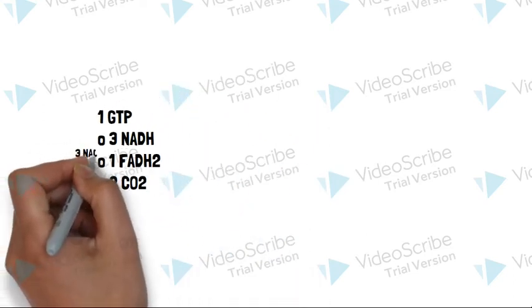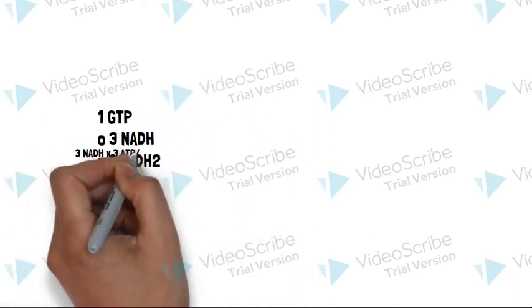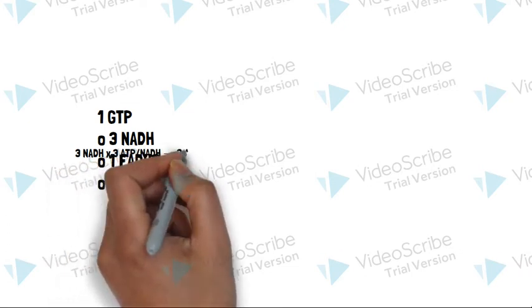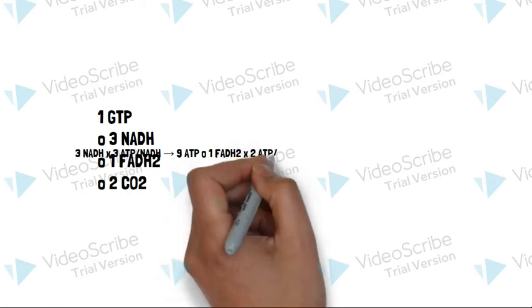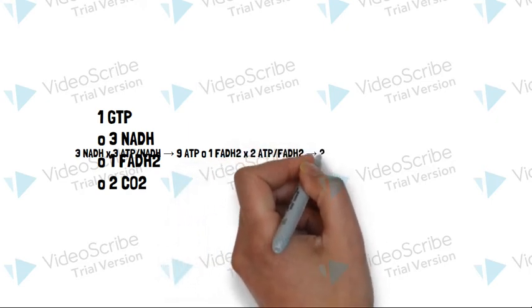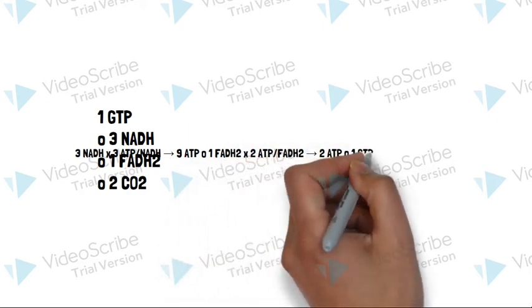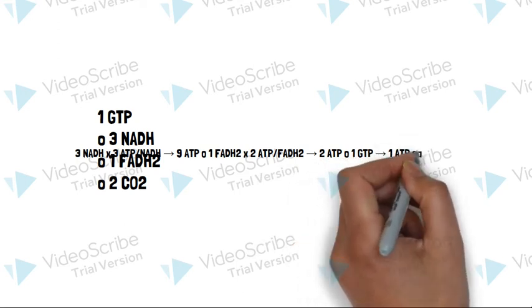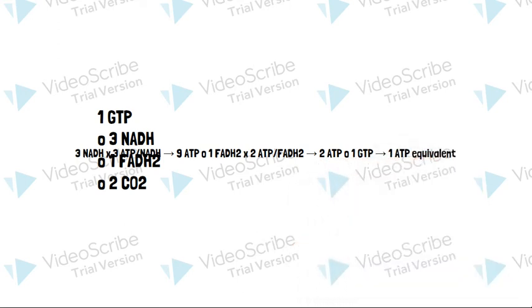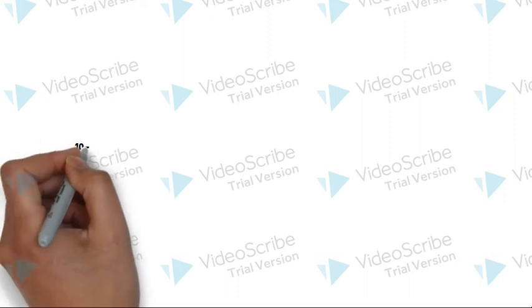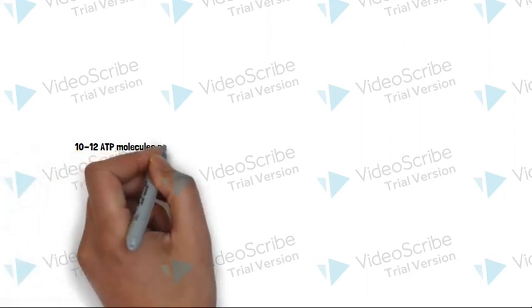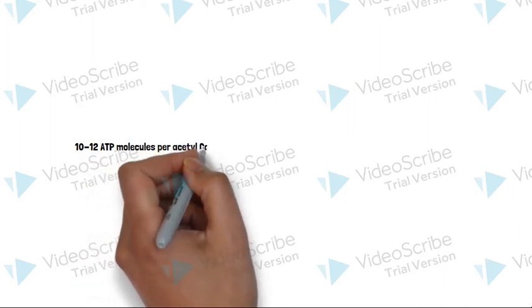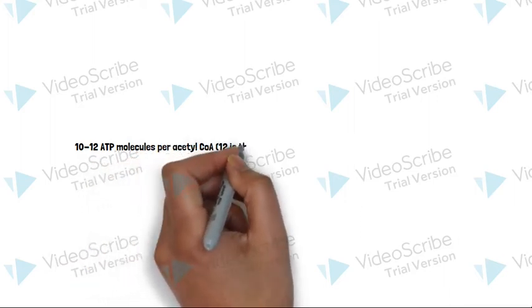This is the main reason for the citric acid cycle. See, now 3 NADH will give 9 ATPs, 1 FADH2 will give 2 ATP, 1 GTP will give 1 ATP. So the final product we should get is ATP. That is the final thing we are going to do for this cycle.